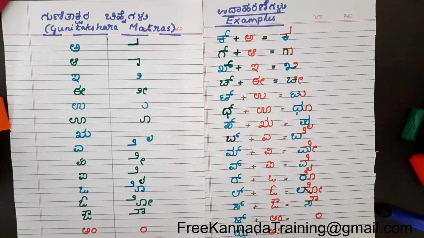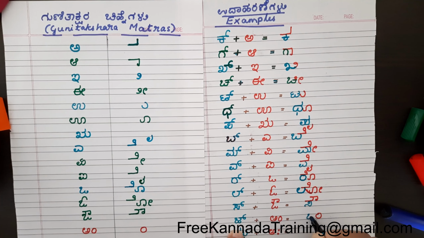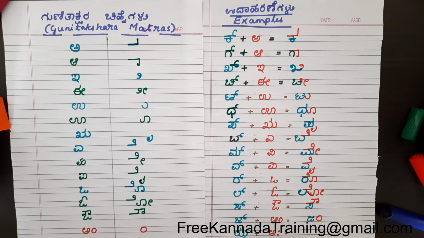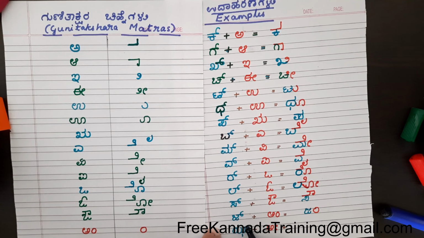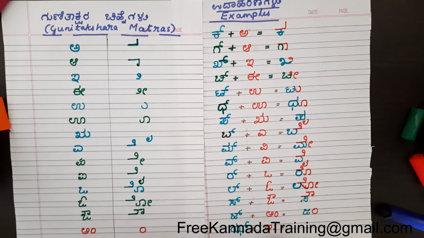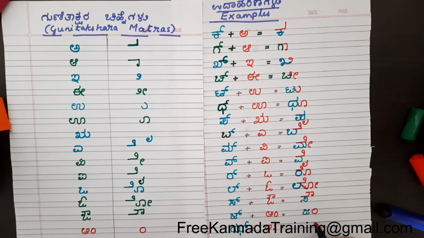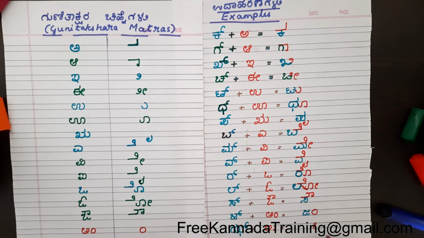For this is the matra, and here we replace with ja consonant. Jha plus aha equal to jaha. That is the Gunitaakshara matra, and here we replace with cha.